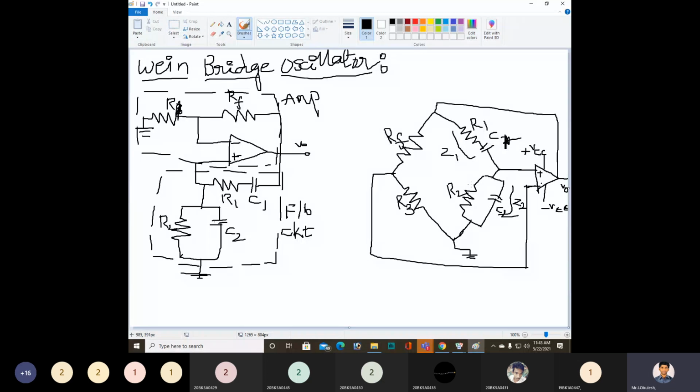So here we have a feedback voltage VF. And assume that this is the loop gain A, and here we have a beta.